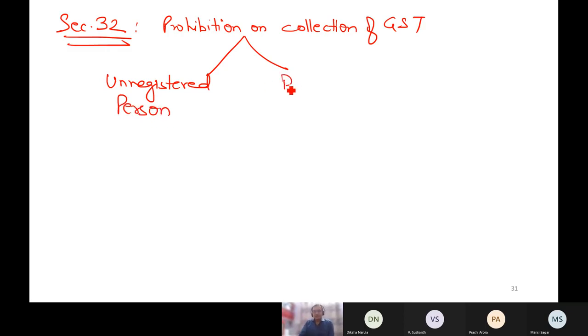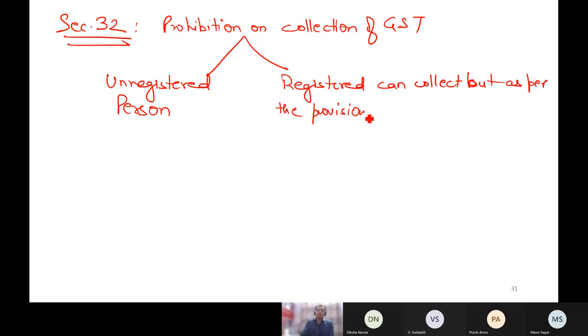And similarly, a registered person can collect, but as per the provisions of the law. So even a registered person cannot collect tax in such a way which is against the provisions of law. That's it. So what is the prohibition? Unregistered person can never collect GST. Registered person can collect as per the provisions of law. I think section 32 is clear.